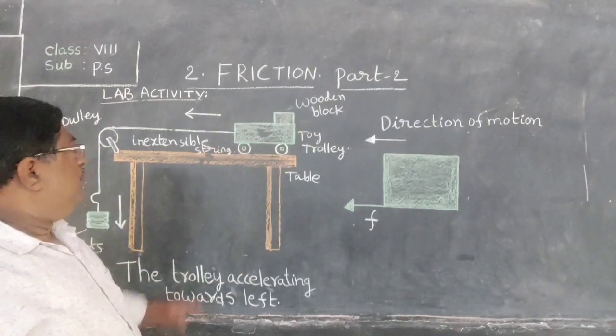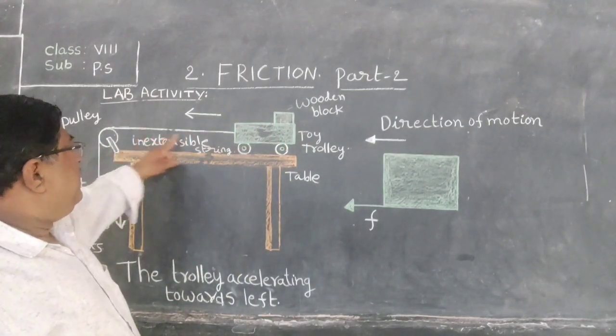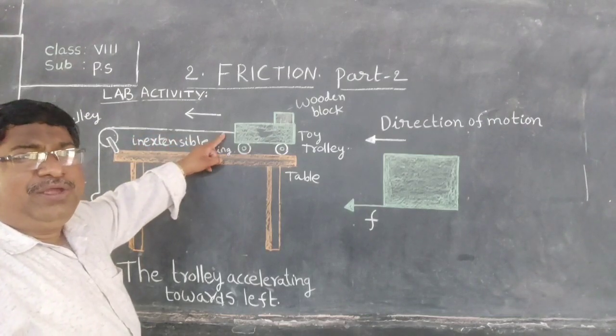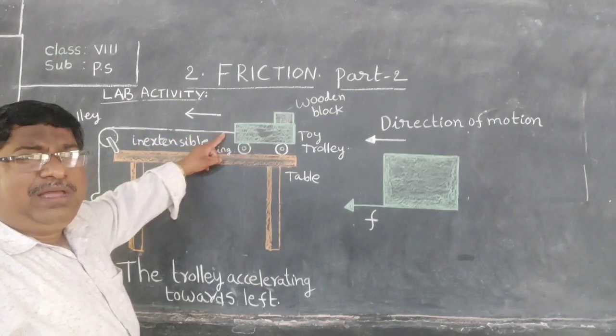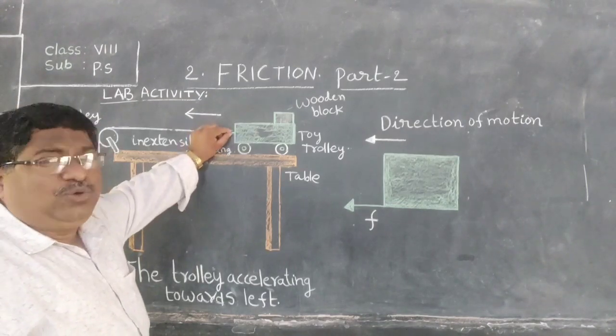Next, we have to take an inextensible string. One end of the inextensible string is connected to the trolley.